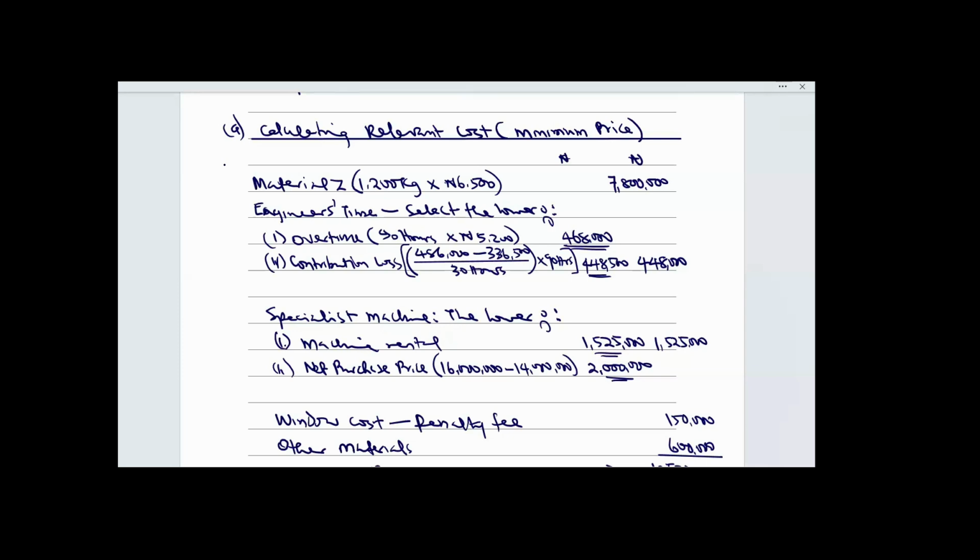Your focus is the material that you need for the project at hand. So you need 1,200 kilogram. Even though you have 5,500 kilograms in the warehouse, we are less concerned with that because the examiner has already told you that this material is in regular use.